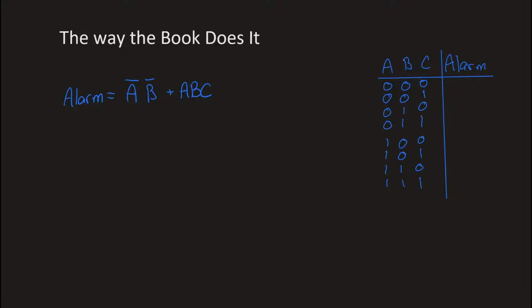First thing we need to ask ourselves, is it in sum of products form? It is, right? Because notice we have one OR gate connecting a bunch of products. So we have a sum of a bunch of products. So it is in sum of products form. Is it in standard form? What do you think?